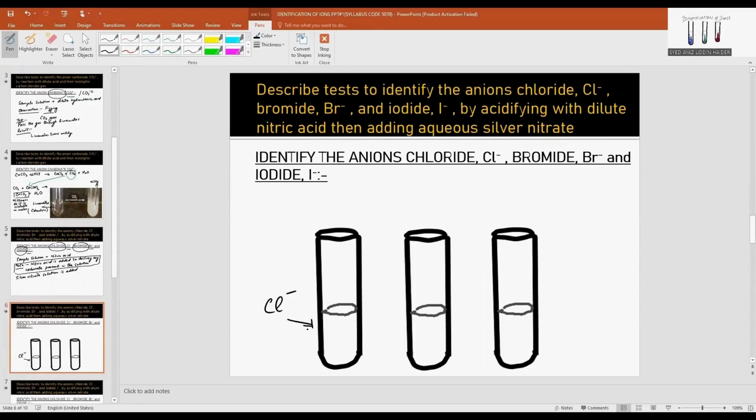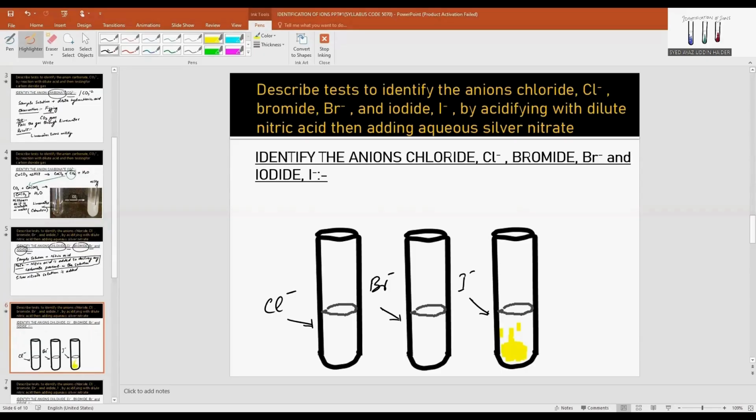If bromide ion is there, it should be a creamy white precipitate. And if iodide ion is present, it should give a yellow precipitate like this. This one is of iodide.